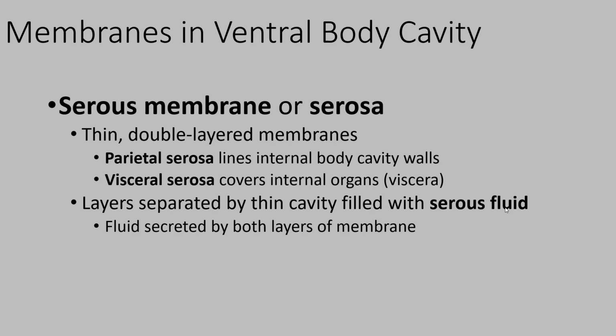Now that fluid, that serous fluid, it's constantly being renewed, refreshed, and it's being produced by both layers of the serous membrane. The parietal layer secretes it inward, the visceral layer secretes it outward, so there's constantly serous fluid being produced in that cavity.